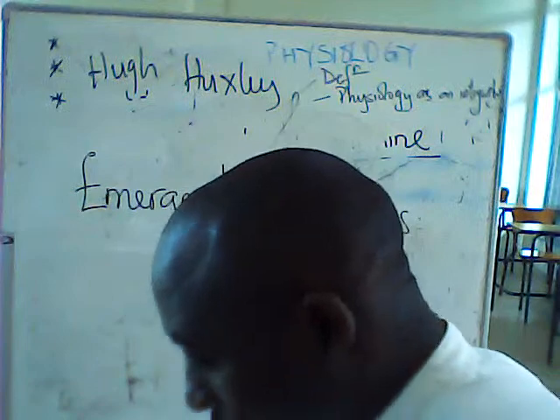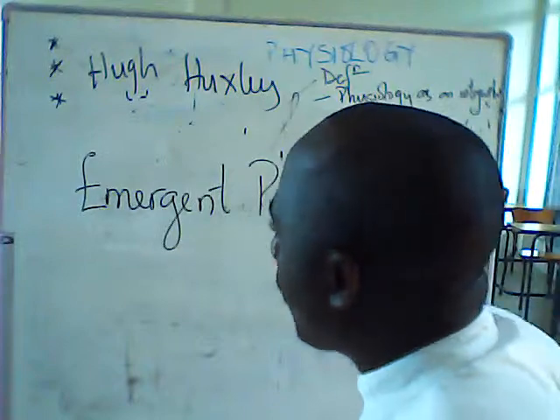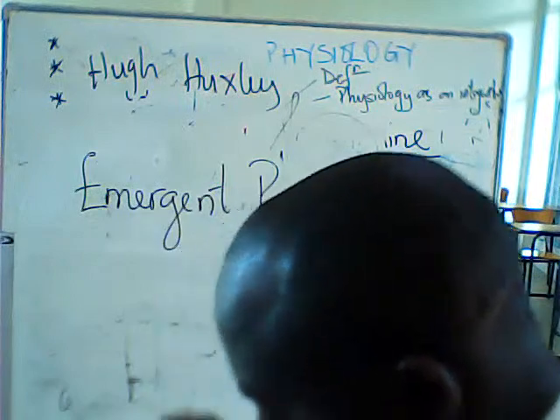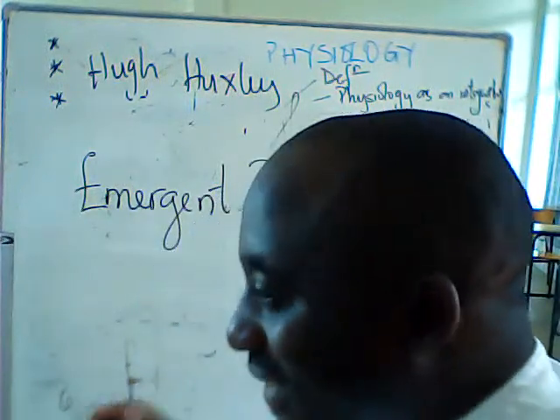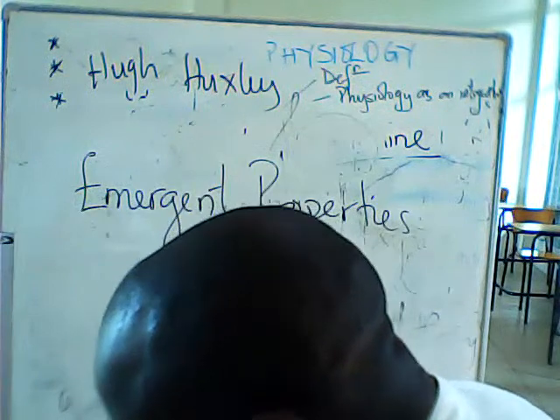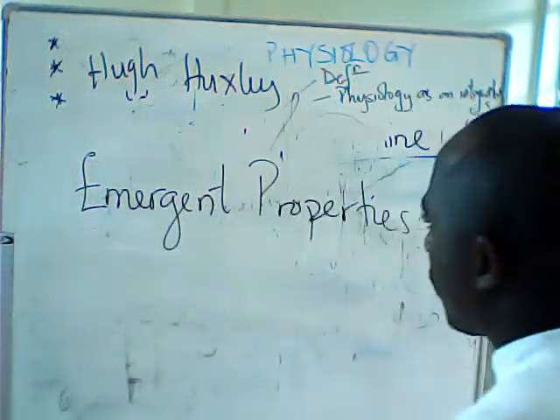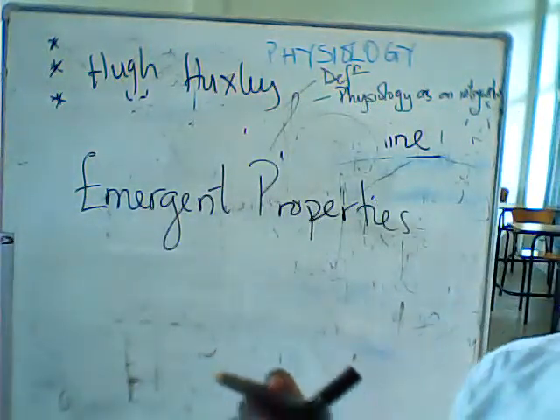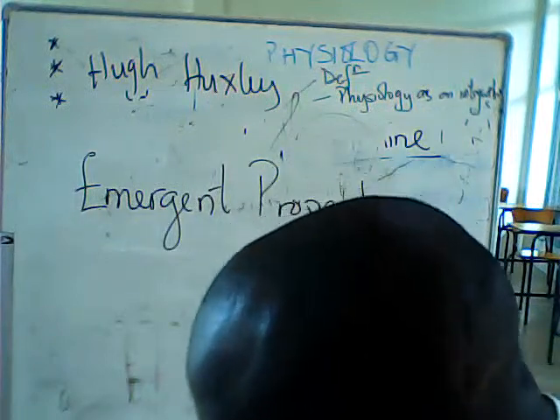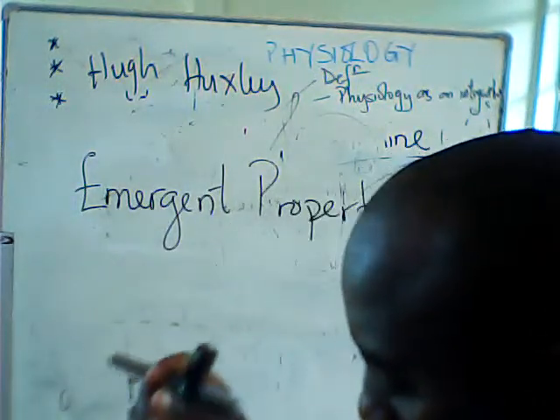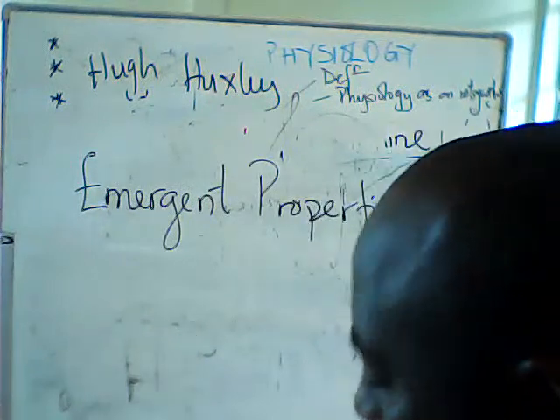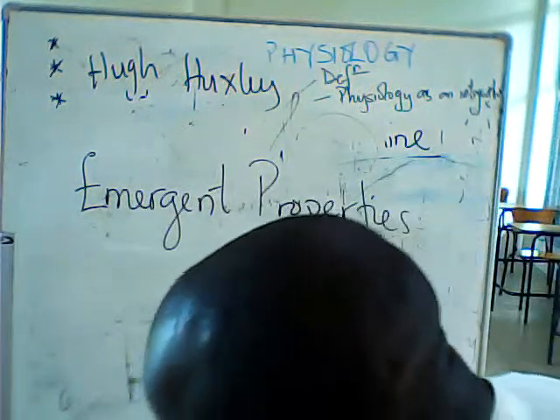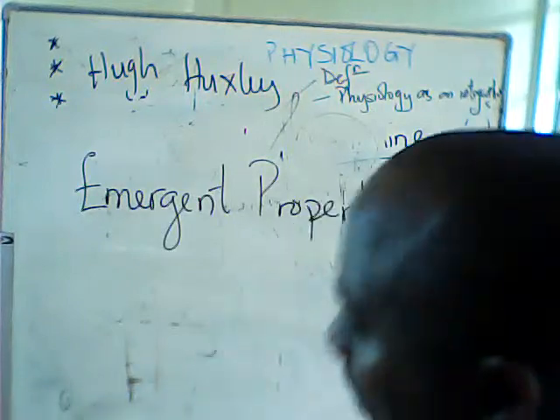So what is an emergent property? These are properties that cannot be predicted to exist based only on knowledge of the system's individual components.